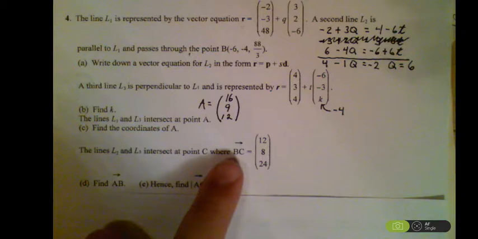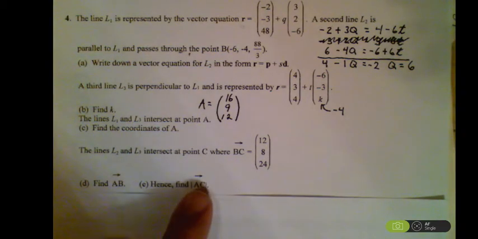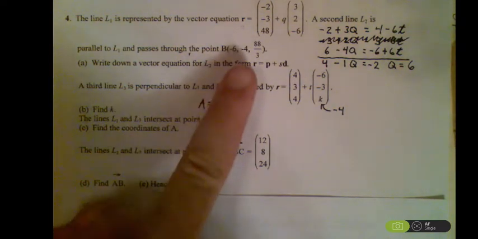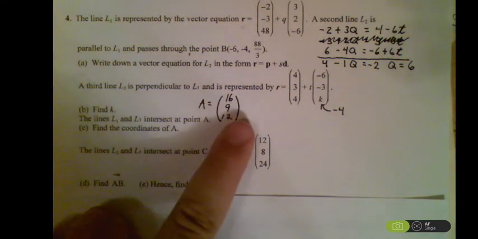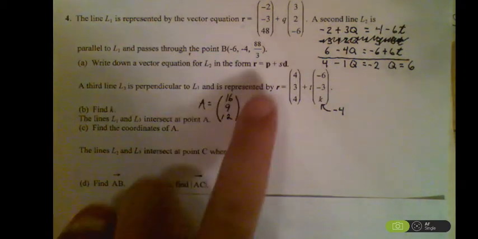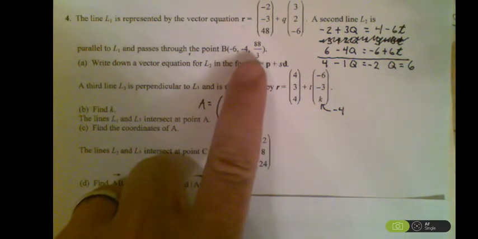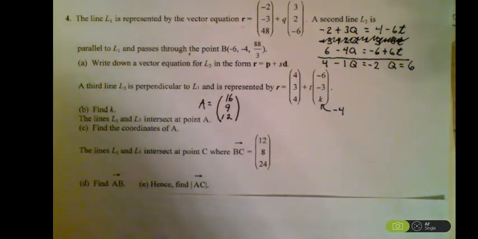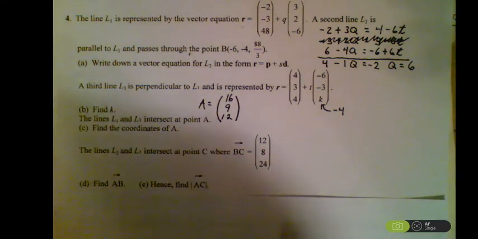We don't really need that information until we get to part E, because if I want to do vector AB, all I have to do is just the terminal minus the initial, which is B minus A, and we already have B and A, so I can just go right on into doing that. So to do part D, you're just doing B minus A. So I'm just doing those numbers minus those numbers to get AB. So that's all you had to do for part D.